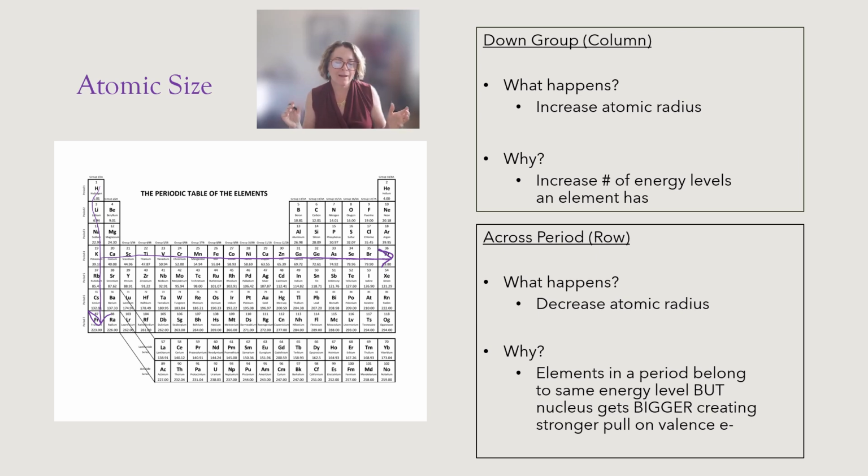But the electrons in calcium, because there's an extra proton there, feel that pull from the nucleus more, and it pulls them in a bit more. So as you move across a period, you are adding more and more protons, and it's pulling those electrons in tighter, and so it makes the atom smaller.